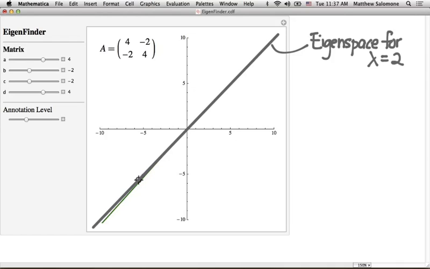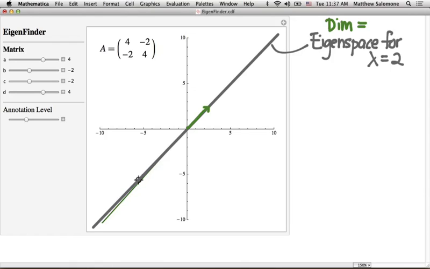So if I wanted to find a basis for it, I just need to find a linearly independent spanning set of vectors inside of that. By the way, what does it look like is the dimension of this eigenspace? How many vectors will I need in a basis to describe the entirety of that eigenspace?